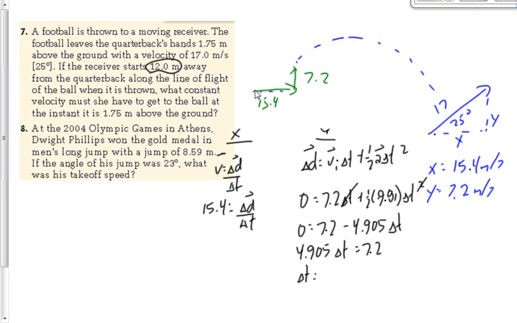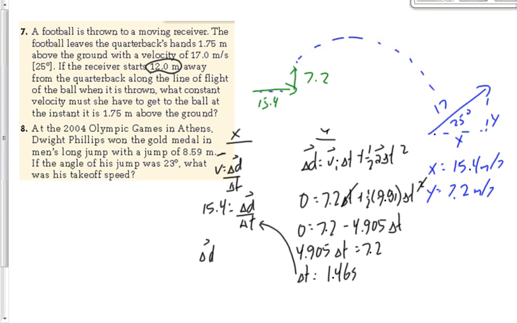What is 7.2 divided by 4.905? I'm going to say it's about 1.4-ish. What is it exactly, Adam? 1.46 seconds, thank you. Which we'll turn around and plug into here.